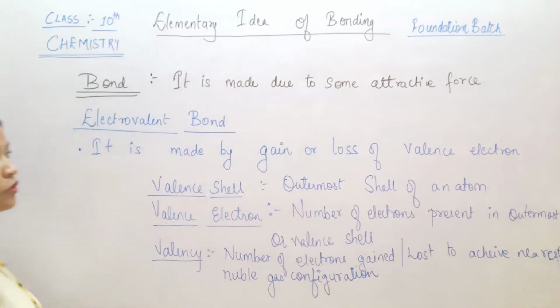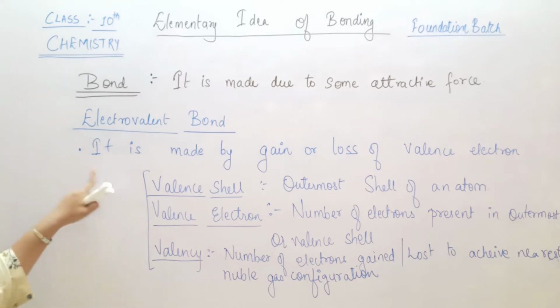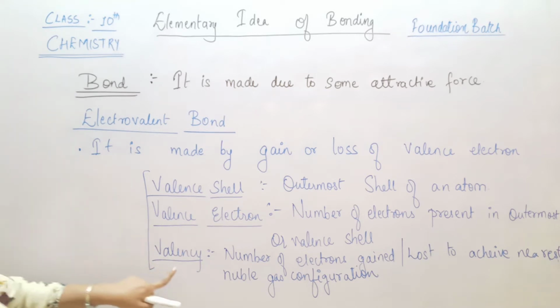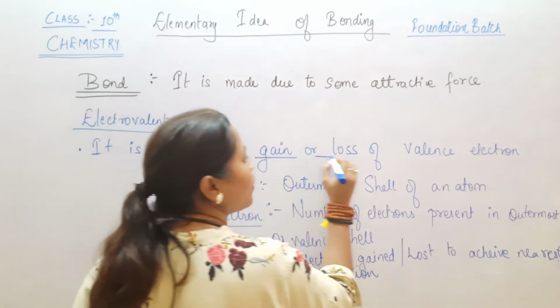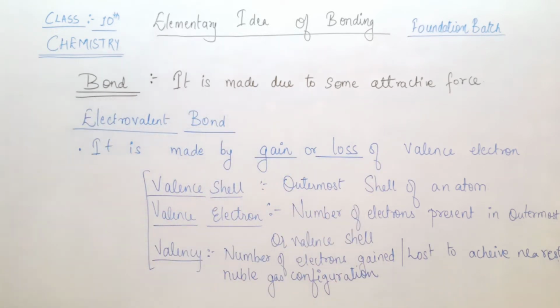So in short, see why I have given you these 3 definitions, because here itself you will come to know कि valency के हिसाब से ही gain और loss decide होता है. ठीक है, so how many electrons from an atom should be gained or should be lost is decided on the basis of the valency.